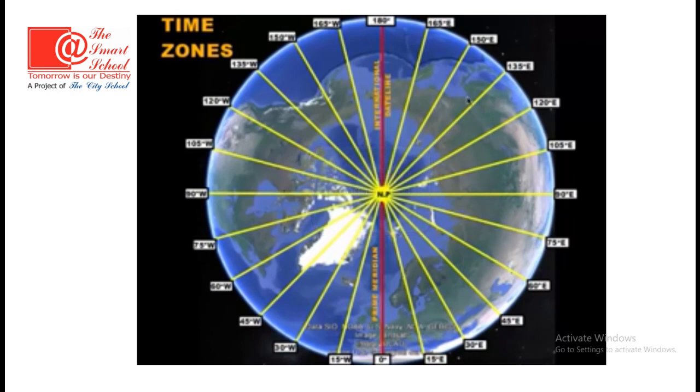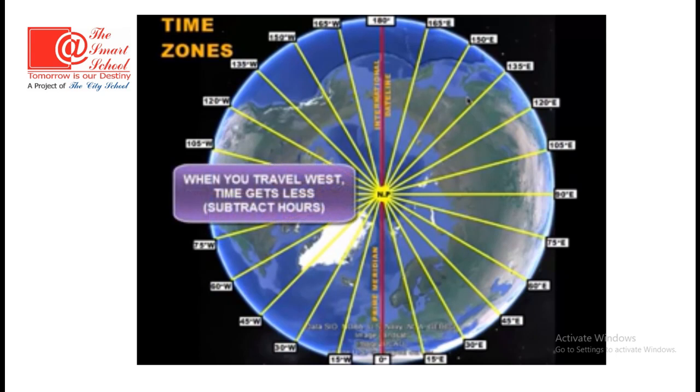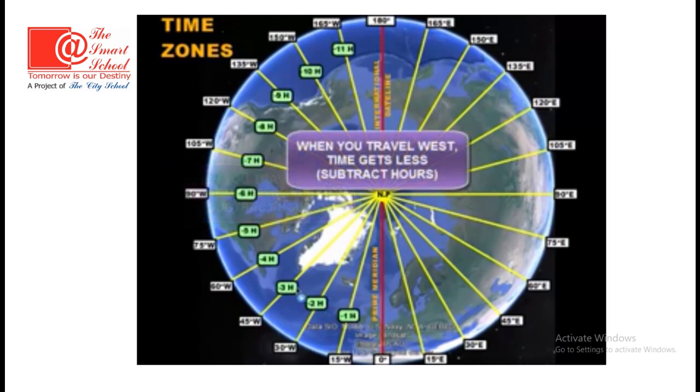What you have to remember is when you need to add hours, when you need to subtract hours, and how many. You can remember a simple little rhyme, and it'll help you remember what to do when traveling west or east. If you travel west, time gets less. For every 15 degrees that you move westward, you lose an hour of time.